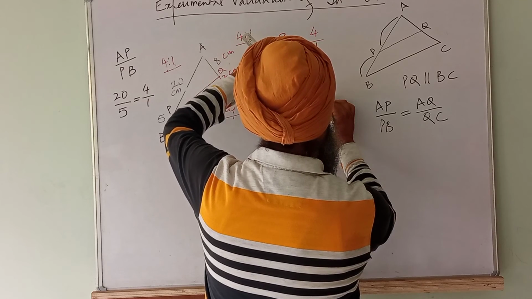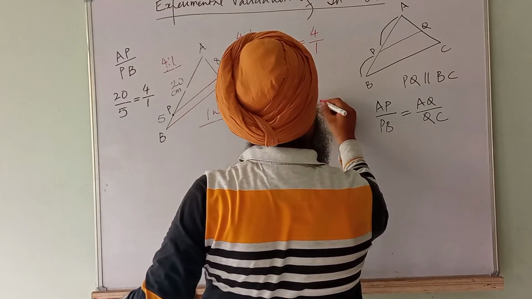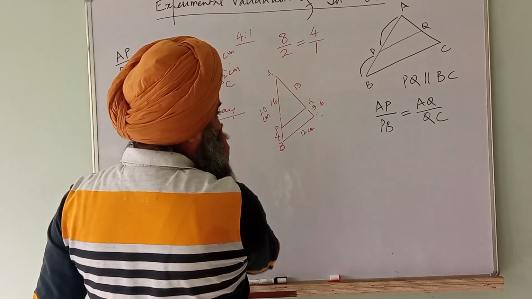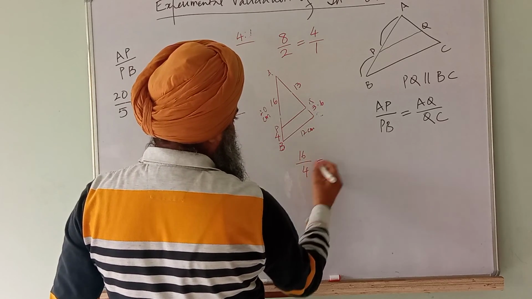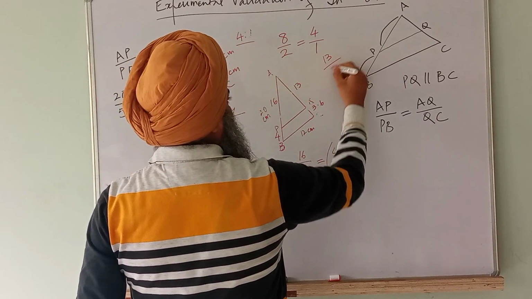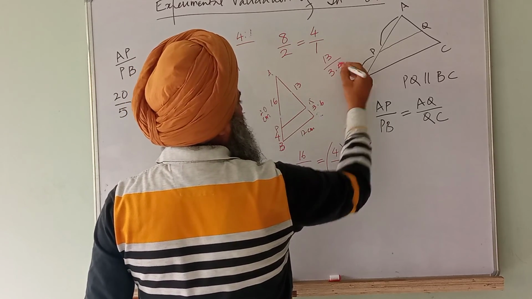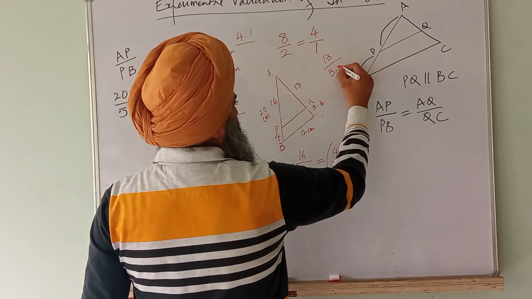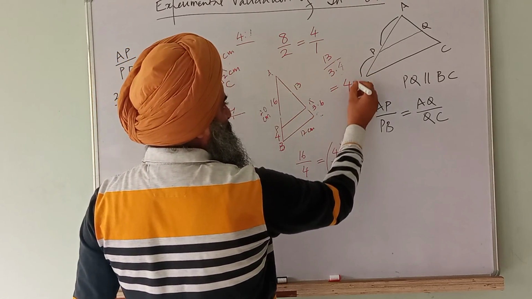I can't measure correctly. 3.67 I think. 3.6 or 3.7. I can't measure exactly. Okay, now I will find the ratio. What is the ratio of this? 16 by 4, that is equal to 4 by 1. What is this ratio? 13 by 3 point something. I can't measure exactly. This ratio is also approximately 4:1.